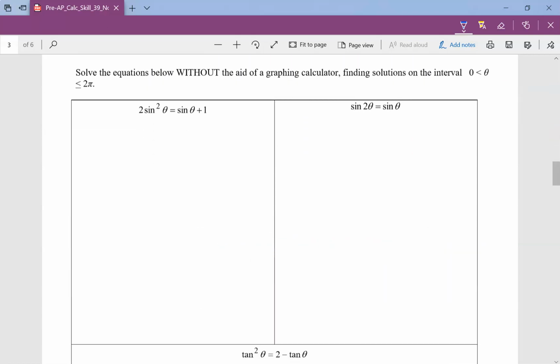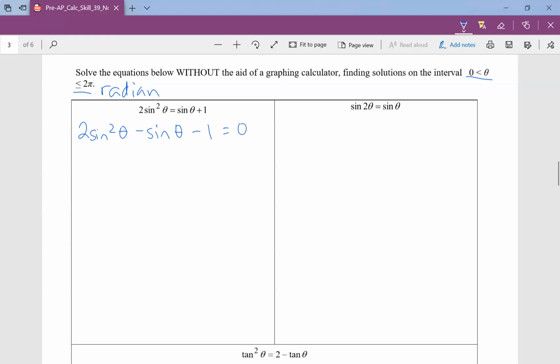So this next one, we're doing this without a graphing calculator, so we're going to use our unit circle knowledge, and we're going from 0 to 2 pi, so that means radian mode. Okay, first we get a 0 on one side, so I'm going to subtract sine squared theta and subtract 1.